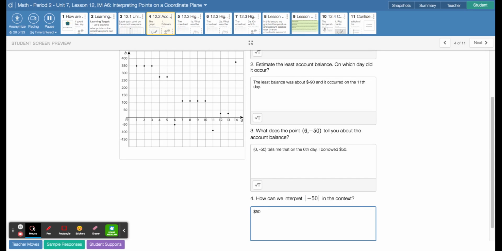So we're taking those $50 and we're actually borrowing it. So how we're able to interpret this is that $50 is borrowed, or maybe again, we owe it, or we have a loan of that amount. Any of those words all indicate that that amount of money is what is owed to the bank, as referring to our balance in that case.